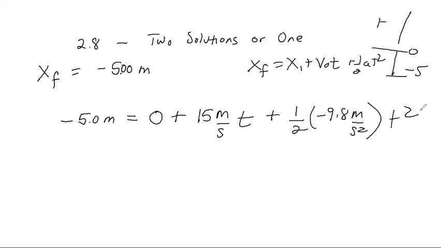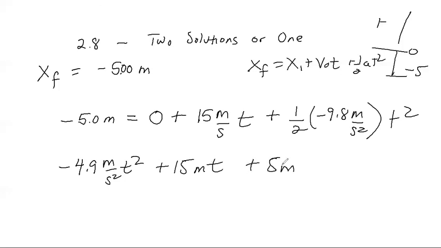I'm going to add 5 meters to both sides and rearrange this to give -4.9 meters per second squared times t squared plus 15 meters per second times t plus 5.0 meters equals 0.